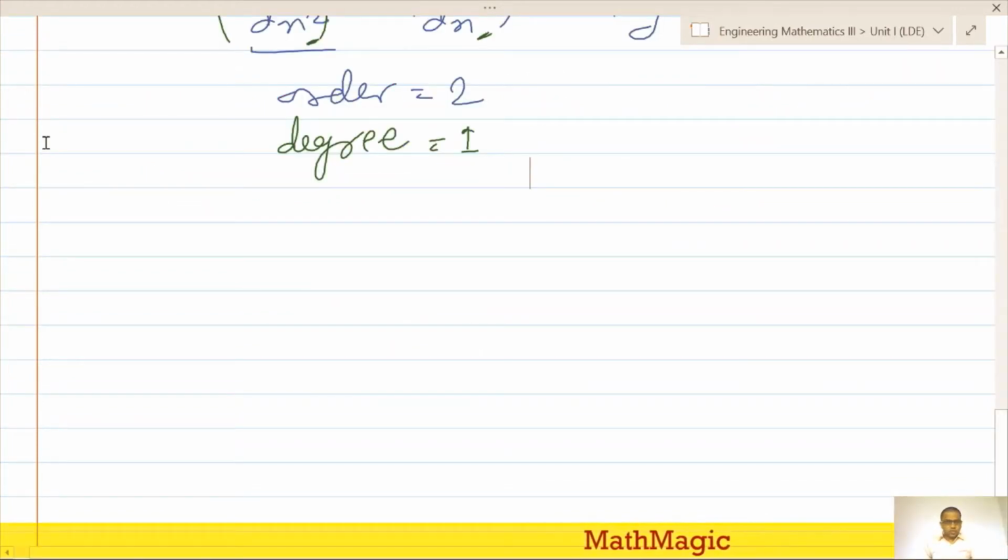Now we have seen what order and degree are, and what a differential equation is. Now let us talk about the linear differential equation. What is meant by a linear differential equation?